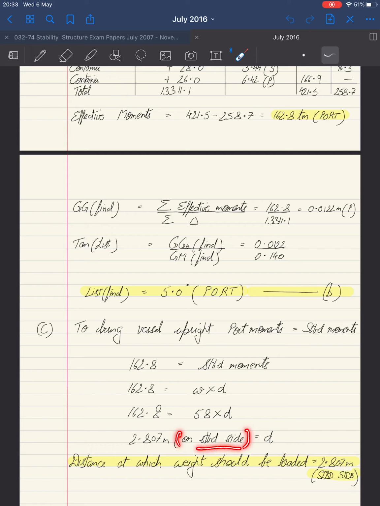Again, the direction is important, because our initial listing moment was on the port side, so we need to load it on the starboard side to bring the ship upright. So our final answer to part C would be: the distance at which the weight should be loaded is equal to 2.807 meters on the starboard side.